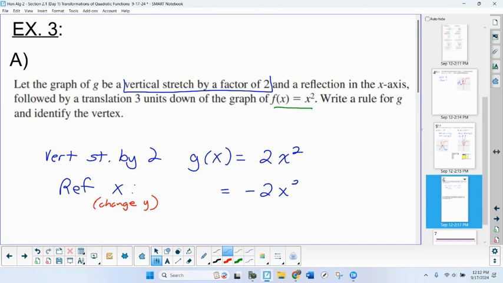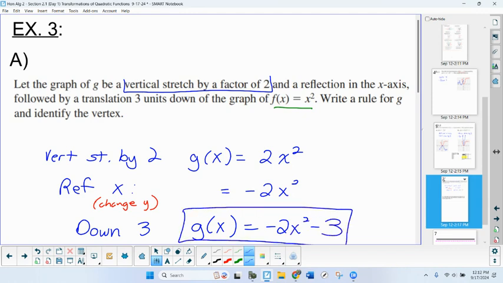By the way, when she did a vertical stretch and a reflection over x, has my vertex moved? No. Not yet. Now, Laura, go down 3. What do you do when you go down 3? Okay, she says just subtract 3. Now, most of you will just write it up there as one step. Since these are my notes for the video, I put it down there. Subtract 3.